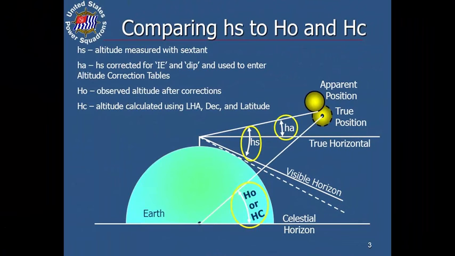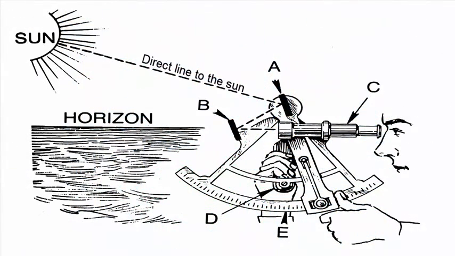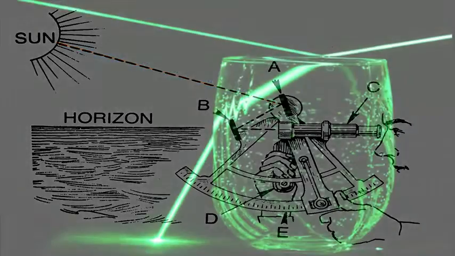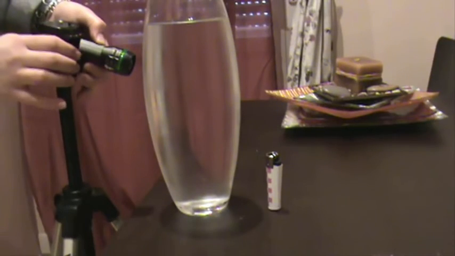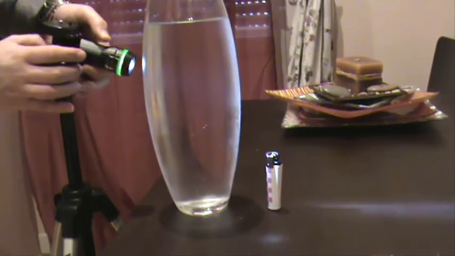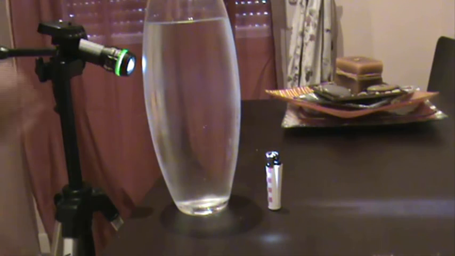Some people are going to tell me that the sunlight bends because of the atmosphere. Well, if the sunlight really bends because of the atmosphere, just like a laser beam through water, then this is going to make it even worse. And check this out, I'm trying to prove it to you.